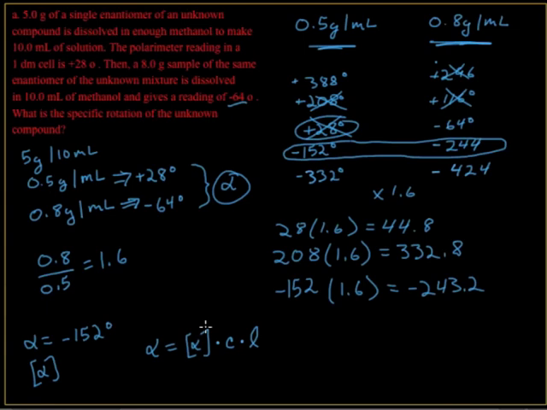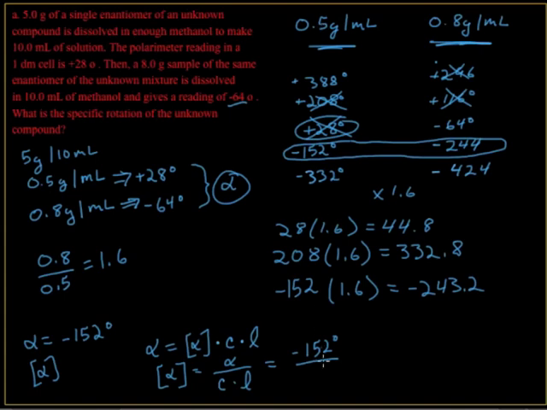And then if we're solving for alpha in brackets, we have alpha, the specific rotation, is equal to the optical rotation divided by the concentration times the length, is equal to, we said, minus 152 divided by, what was the concentration of the sample with the negative 152?